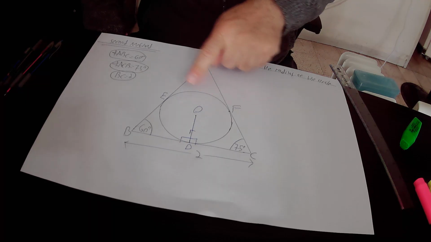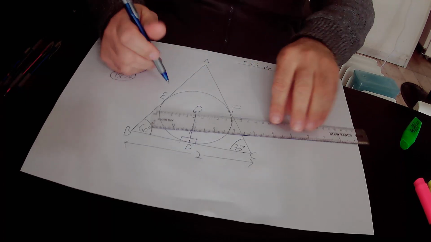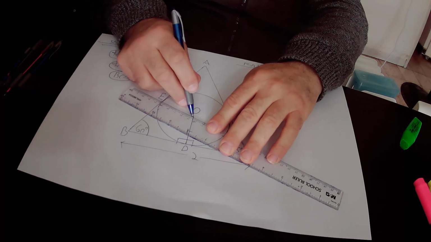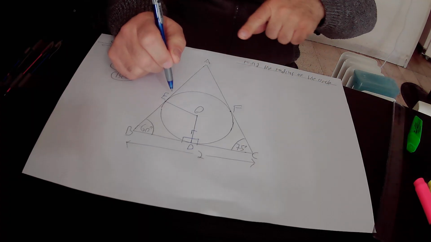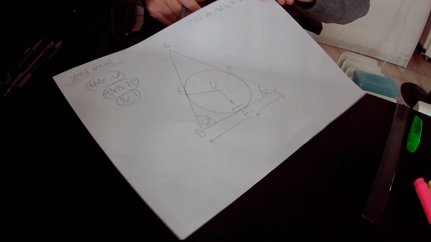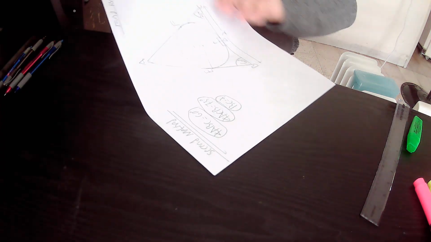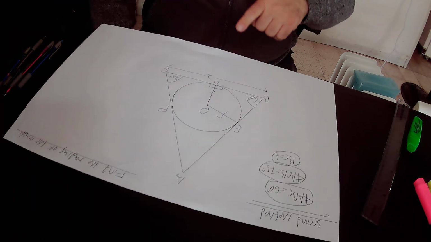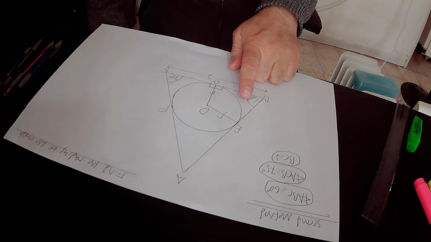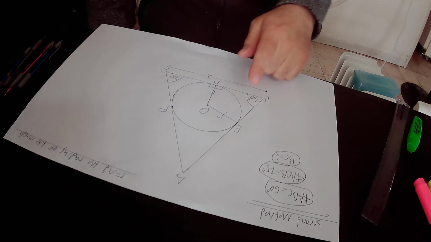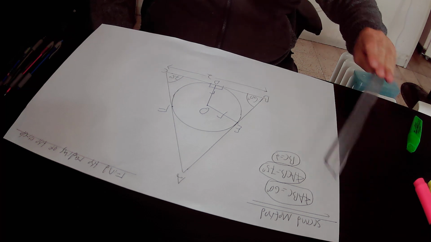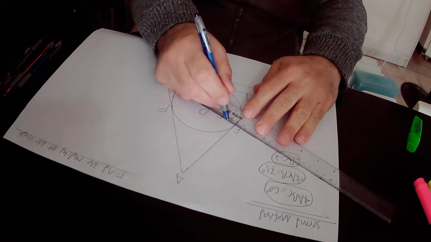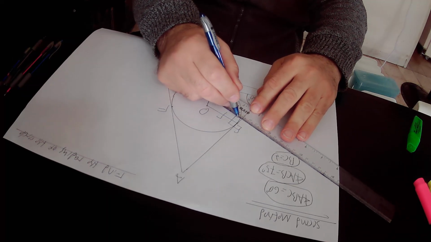Likewise, we join points O and E together by a straight line. OE is the radius of this circle that is equal to R. The radius OE is drawn to point E, and therefore, according to rule number 1, this angle equals 90 degrees, and this angle also equals 90 degrees.